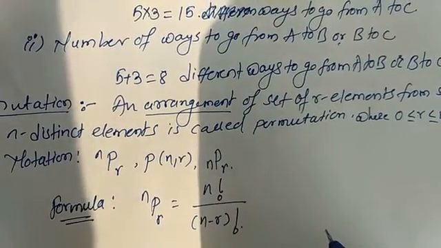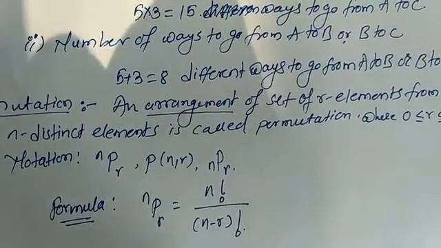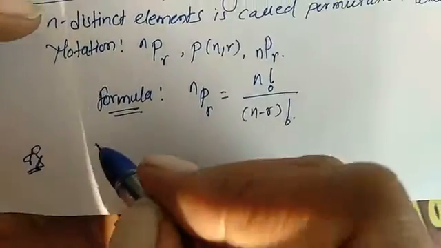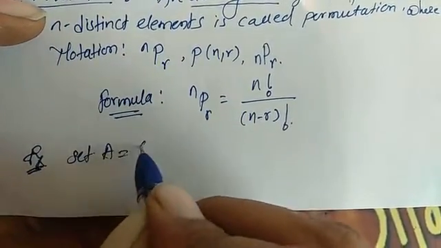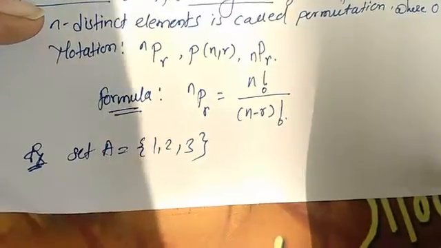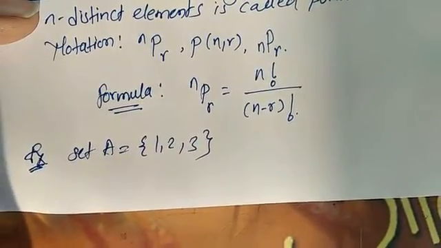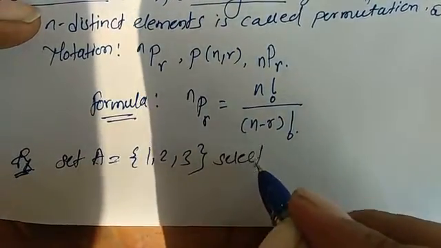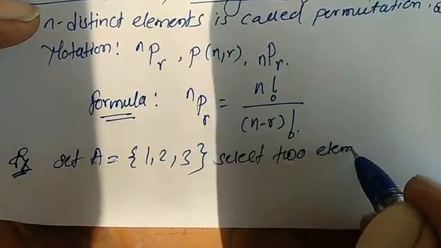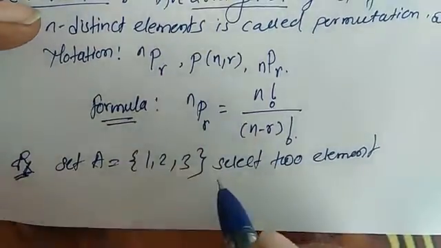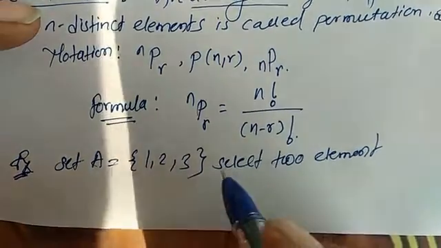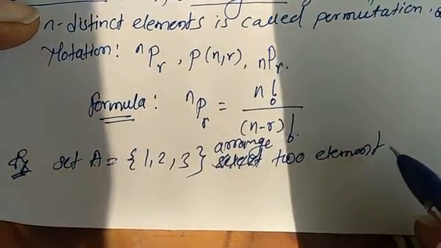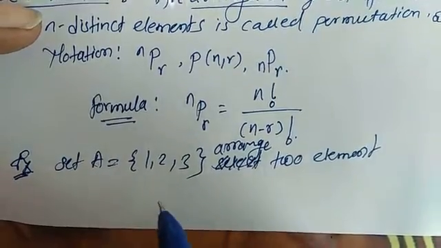Okay, for example, if you consider a set A equal to {1, 2, 3}, and we have to select and arrange two elements, so we have to use the formula P of n comma r.